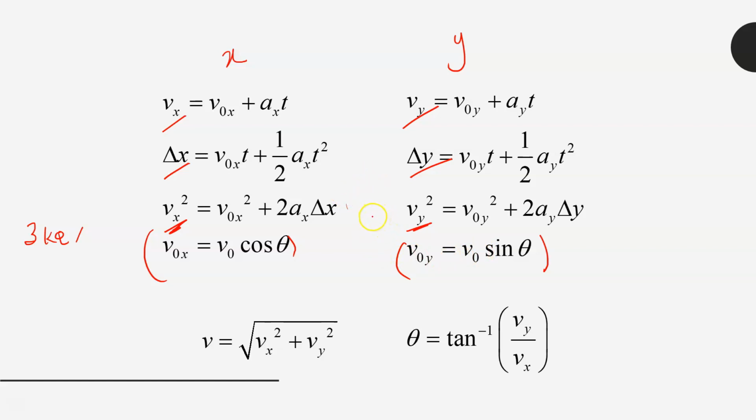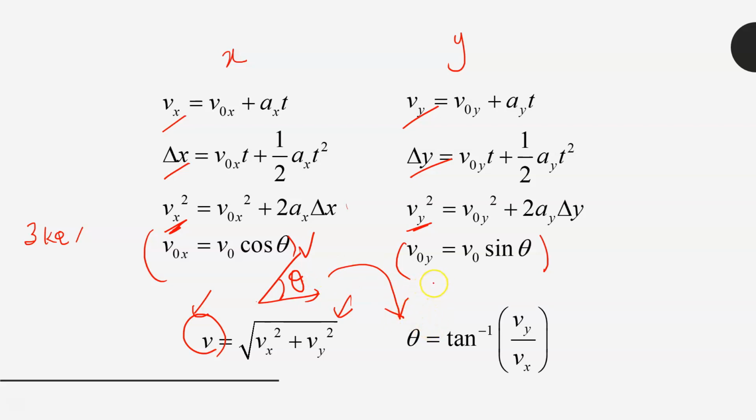Now, the object's speed v can be calculated from the components of the velocity using the Pythagorean theorem. So this is how to find the speed. And the angle that this velocity makes with the x-axis: if this is our v, this is our x-axis, and this is our theta, we can calculate it by using the inverse tangent.